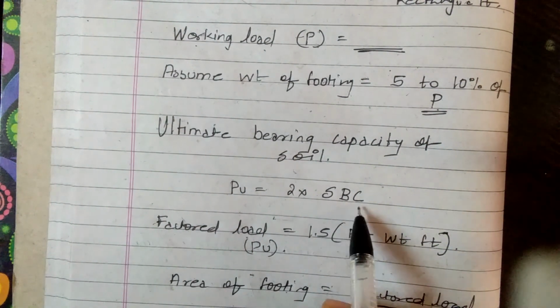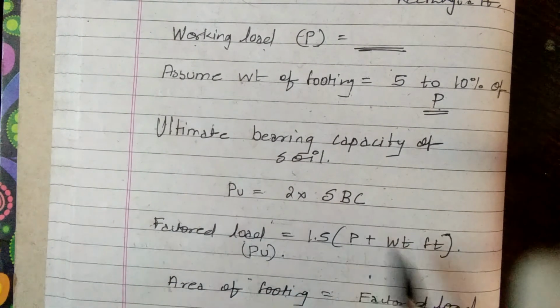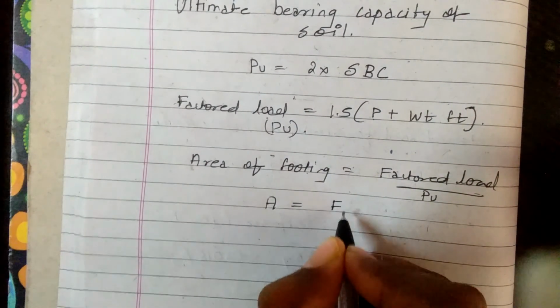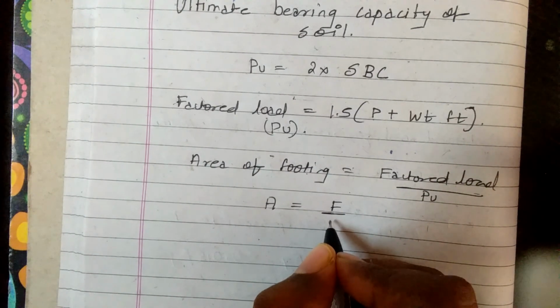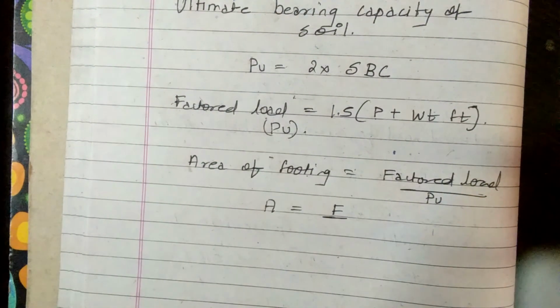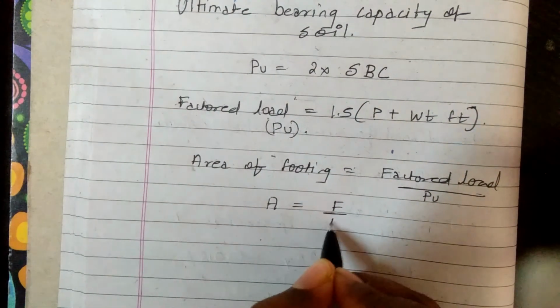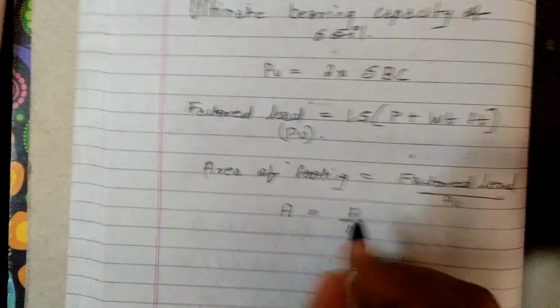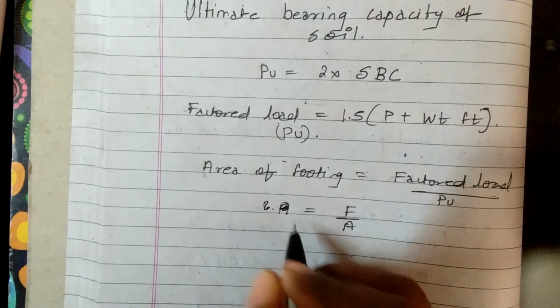Don't get confused about what is Pu and what is P. The area of footing is equal to the factored load divided by SBC. It is nothing but force by area. This is not A, this is sigma, means stress.